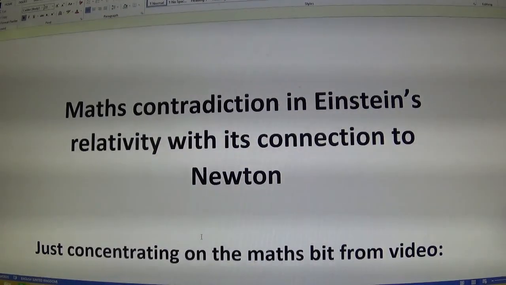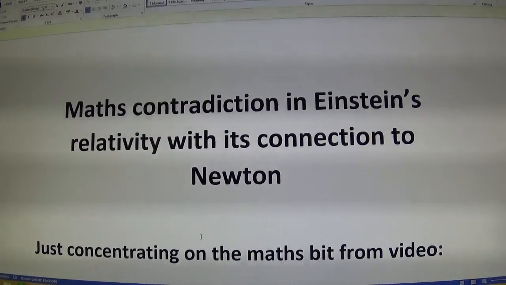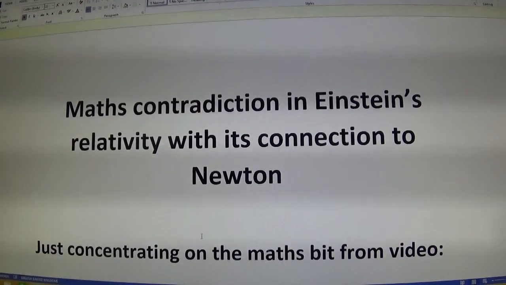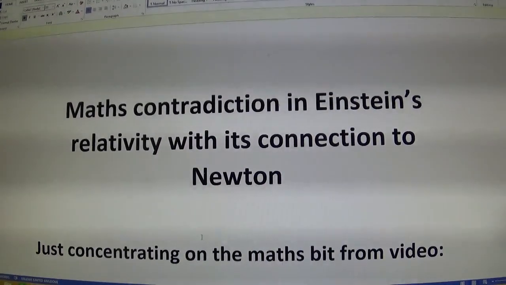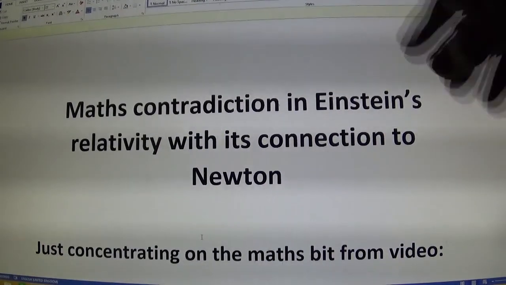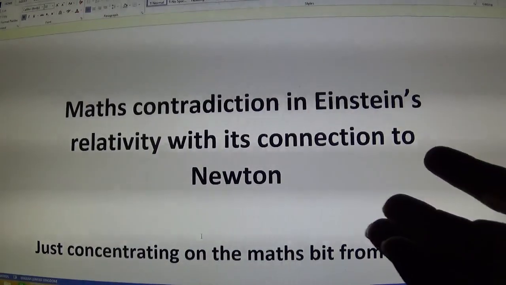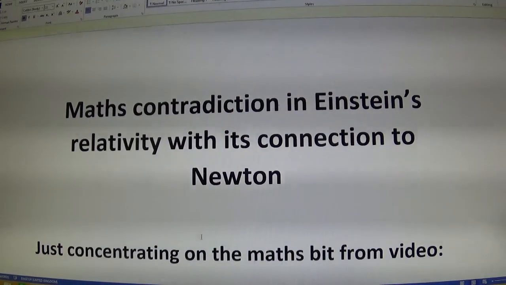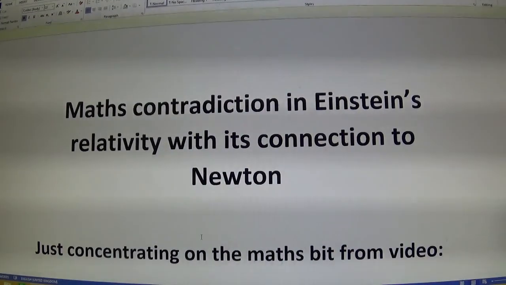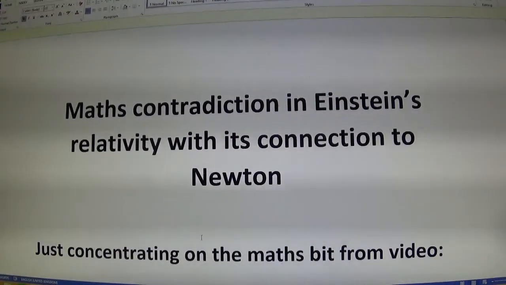They've got the two different connections between Einstein and Newton, and that's why you've got this major problem now with, say, how would you connect quantum physics with Einstein's relativity? Well, Einstein's relativity, that maths, has contradictions in it. Sometimes you're saying from Einstein's relativity that 1 equals 1, but sometimes you're saying 1 equals 2, so it's a mess. That's why you can't connect the two things together.